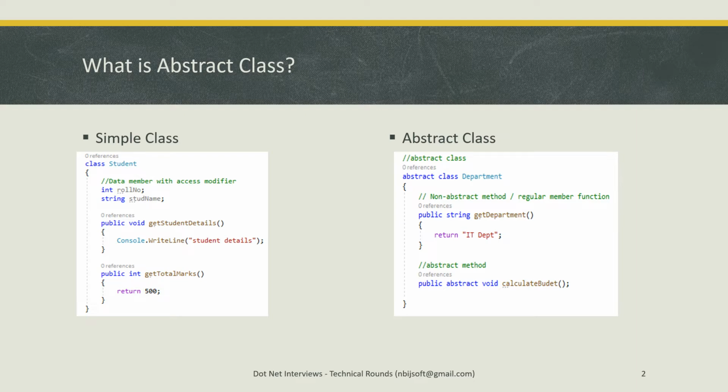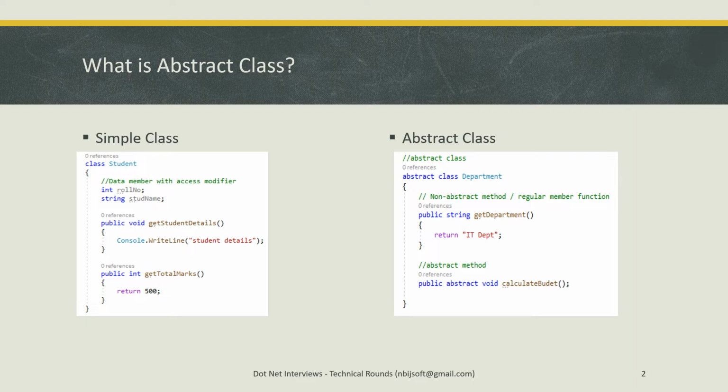The second function is public abstract void calculate budget. It's abstract, meaning we are not going to implement its body in the department class itself. Since it's an abstract class, anyone can inherit it, and it is their responsibility to implement calculate budget.